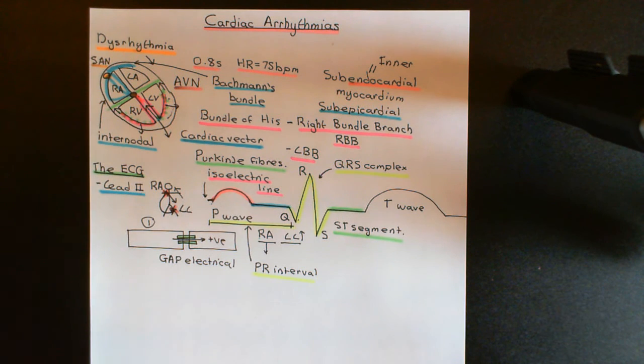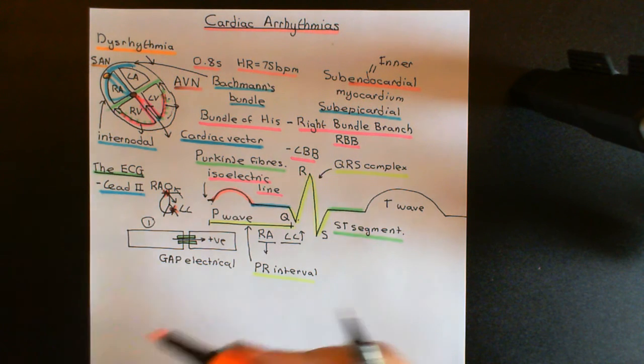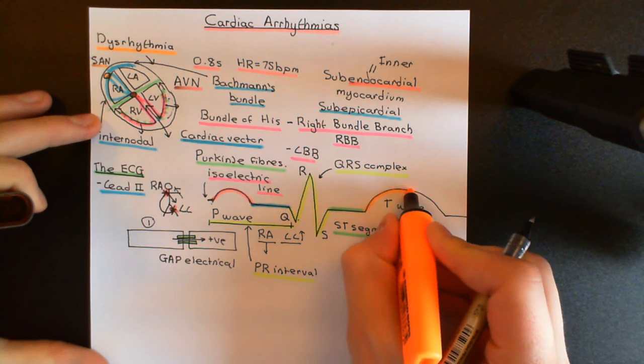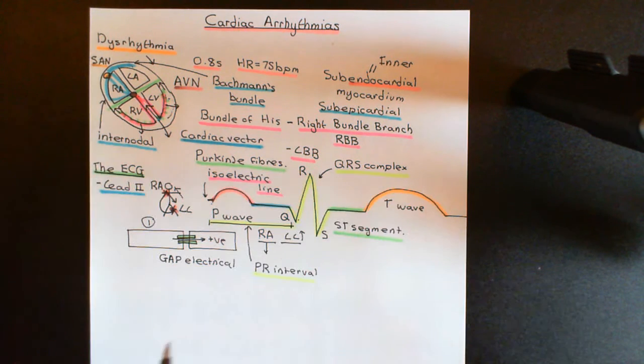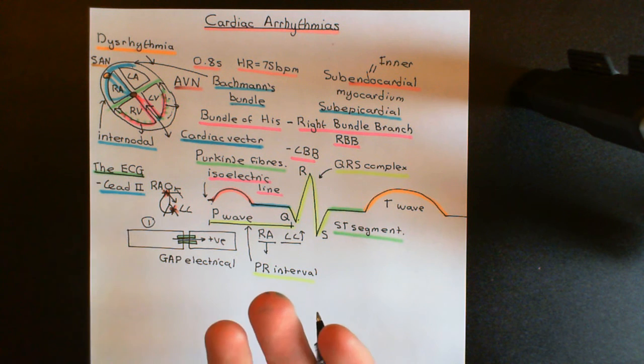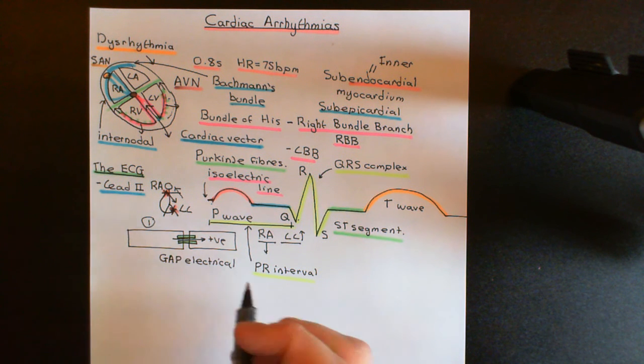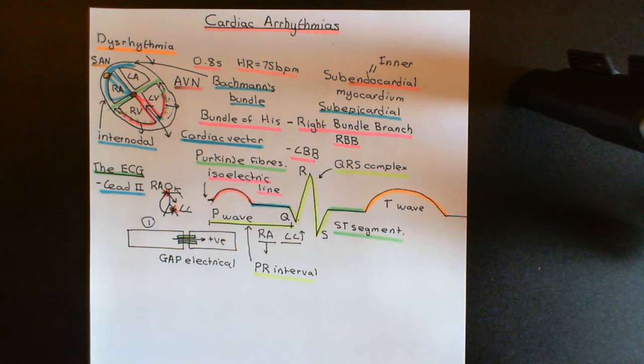This represents ventricular repolarization. Okay, now in ventricular repolarization, the electrical potential difference across the cell membrane goes back to being what it was before. Now, if you've got a cell repolarizing, the intracellular electrical potential is going to be dropping back down.